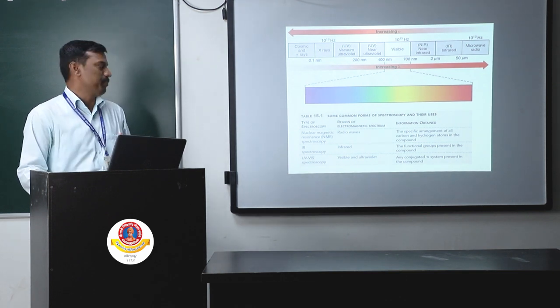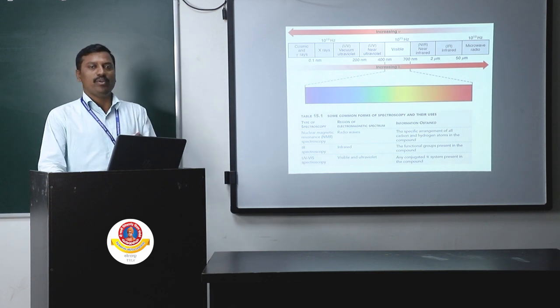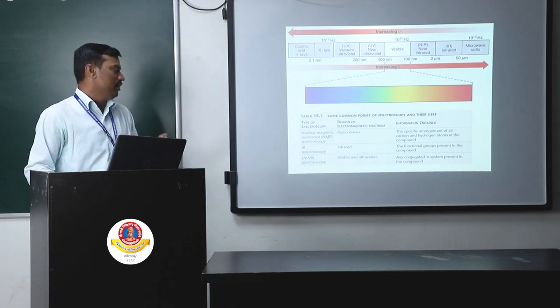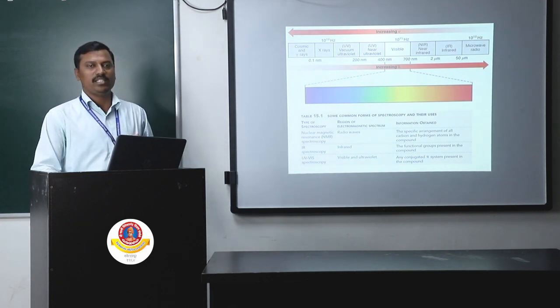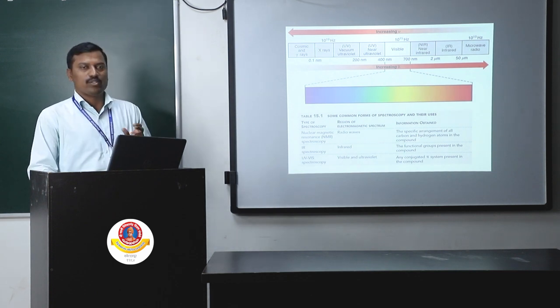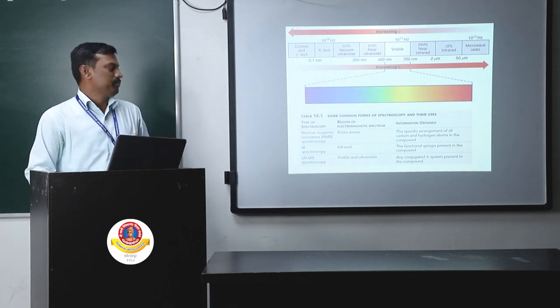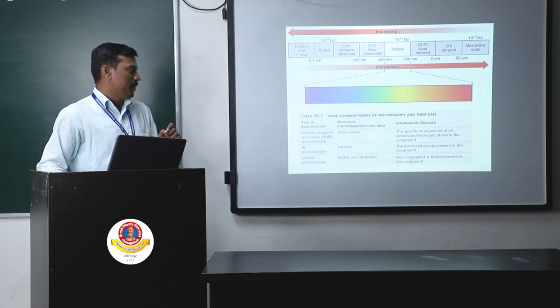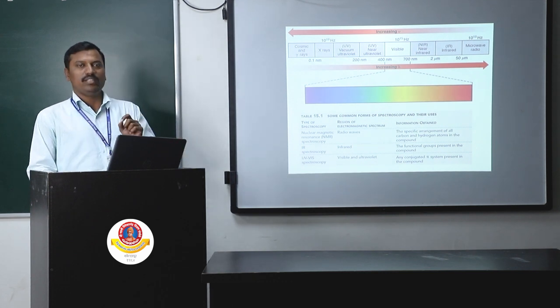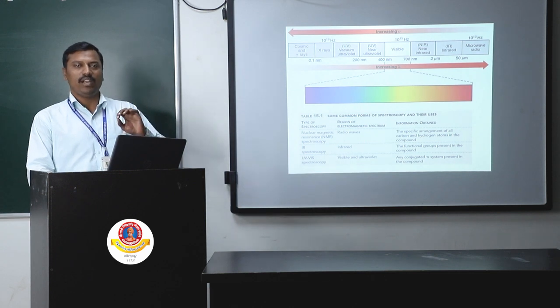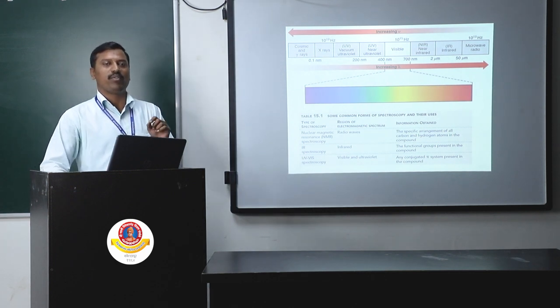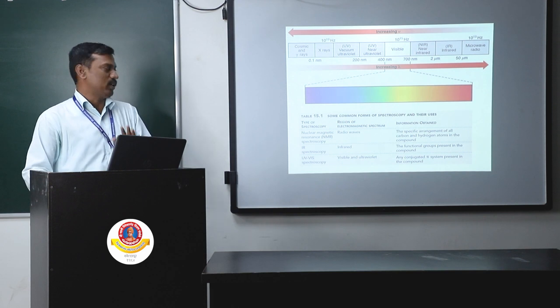in spectroscopy. Radio waves are generally used in nuclear magnetic resonance spectroscopy, that is NMR spectroscopy. For what purpose? To obtain the exact number of carbons and hydrogens, the different types of hydrogens and carbons, we can determine from nuclear magnetic resonance spectroscopy.